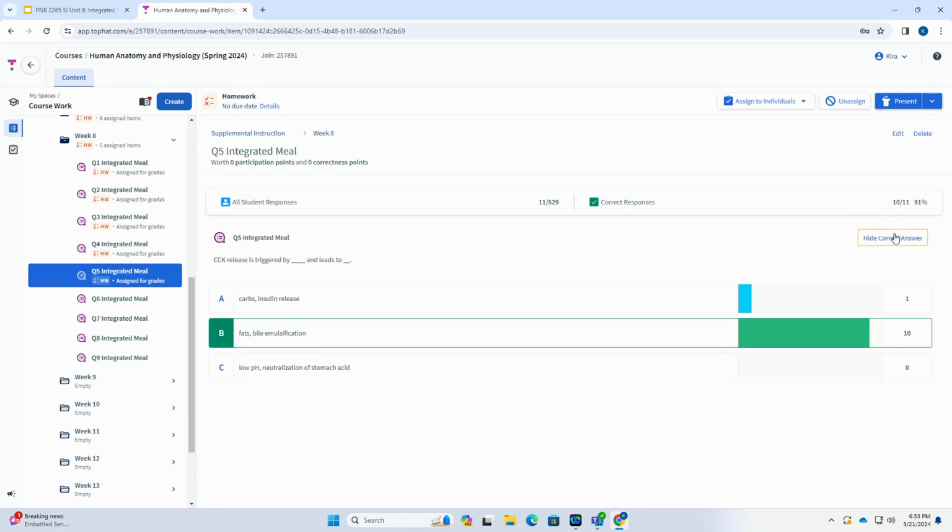So CCK is triggered by fats entering the duodenum, and it leads to bile emulsification by helping get those pancreatic lipase enzymes.